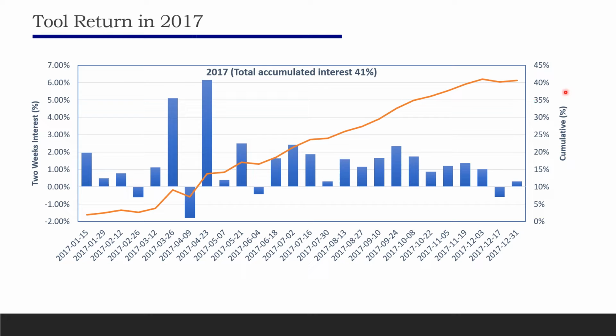The accumulative return at the end of the year was around 40%, and the maximum return was about 6%, which happened at the end of April, and the minimum return was about -2%, which happened at the beginning of April.